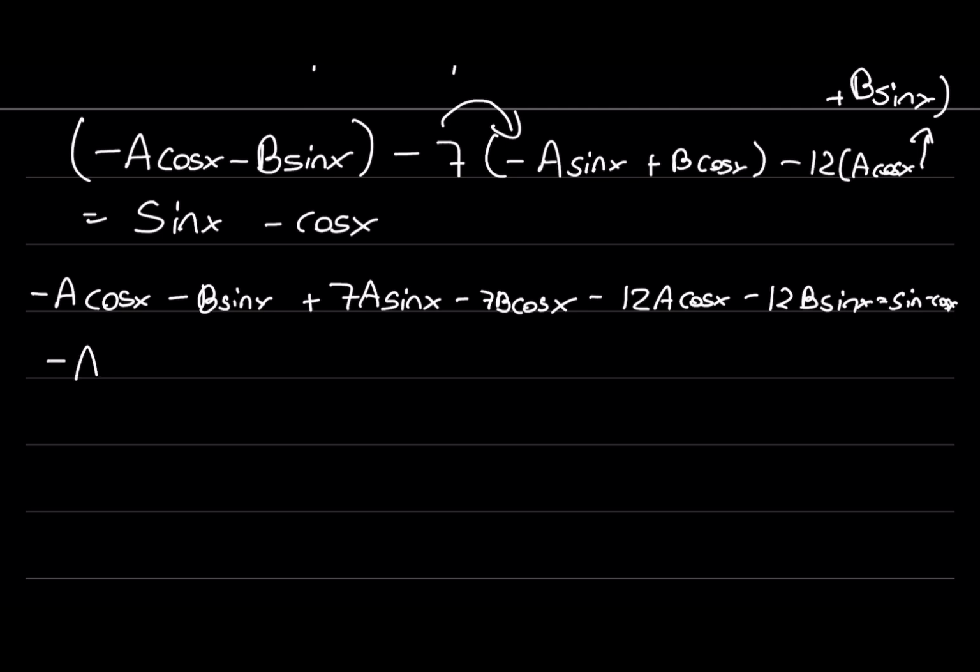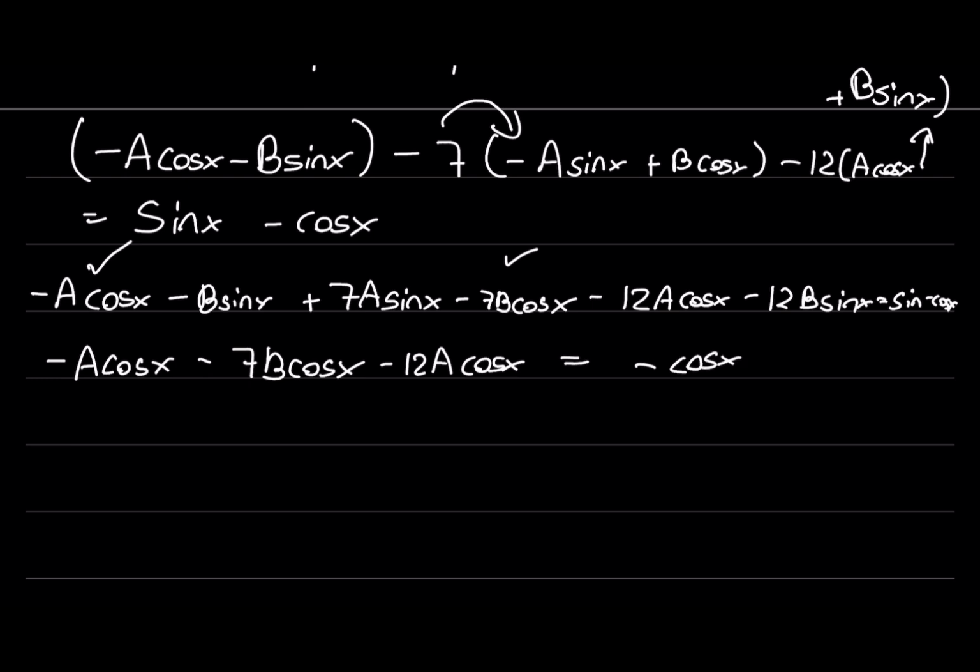So we're going to have negative a cos x. Let's go for another cos. Okay, so minus 7b cos x minus 12a cos x. And if we're equating the cos x's, that means this should be equal to nothing but negative cos x.